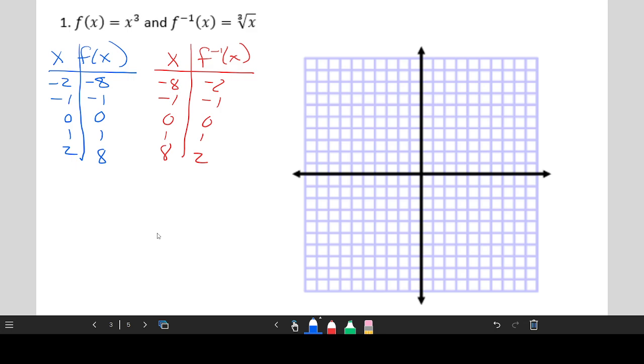So one pair of inverse functions we looked at was x cubed and cube root of x. So I'm just going to graph those real quick on this set of axes. I have the points written down there that I'm using to do that.